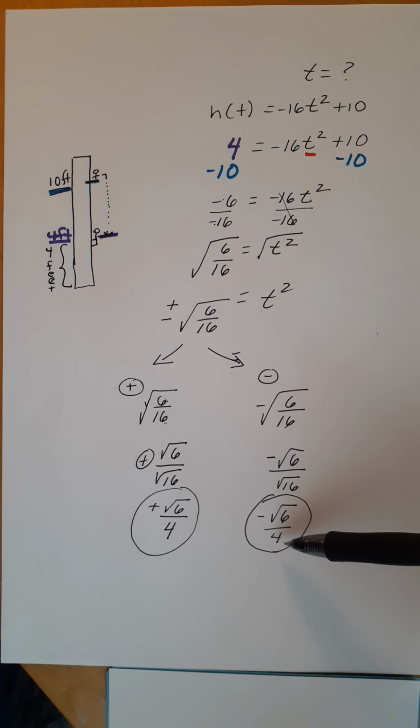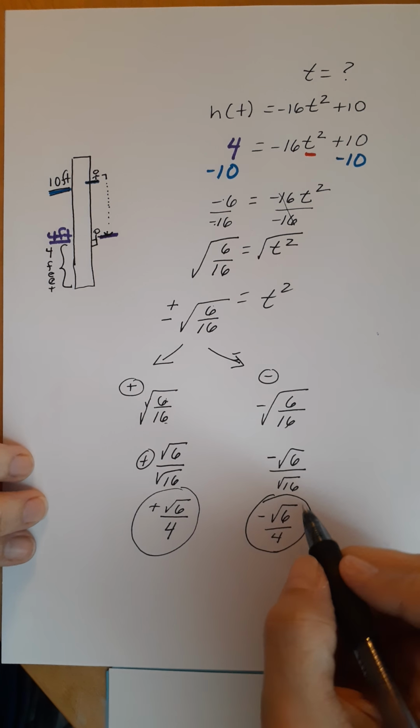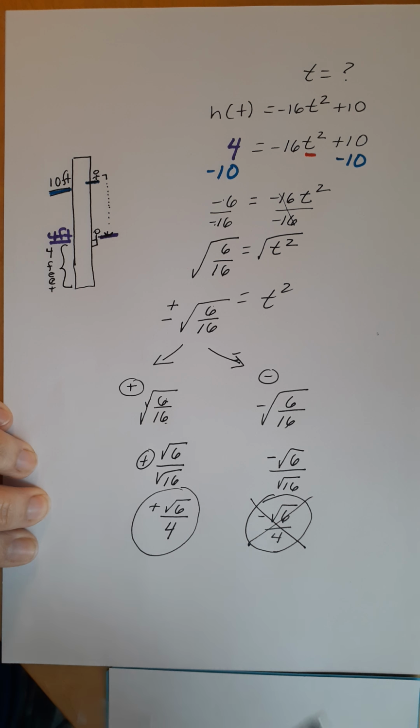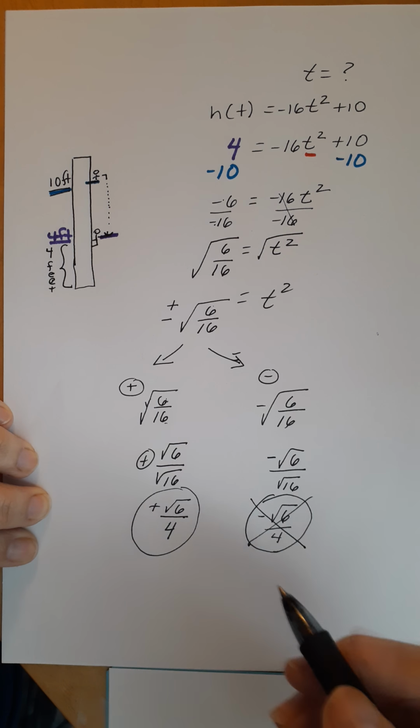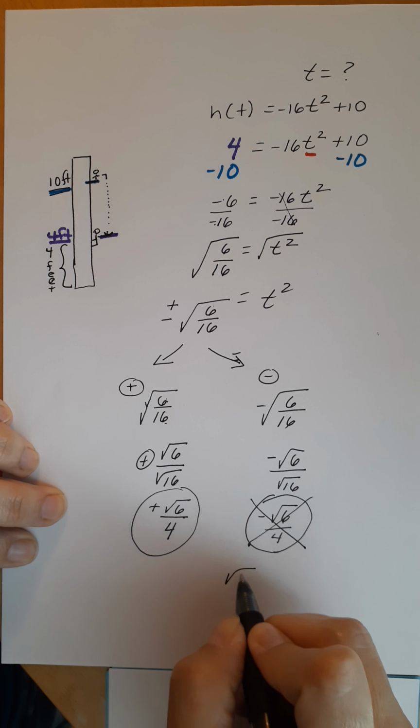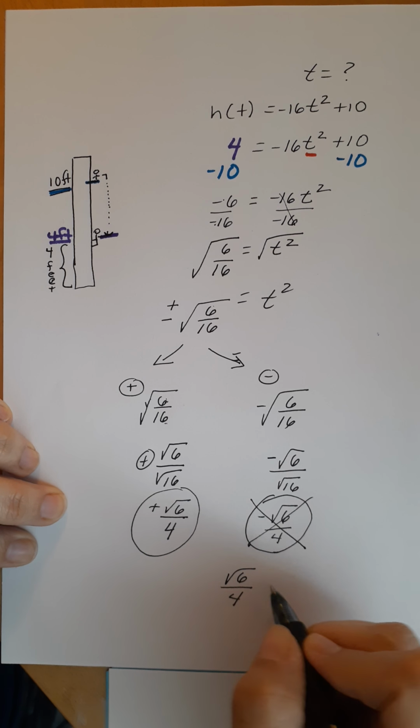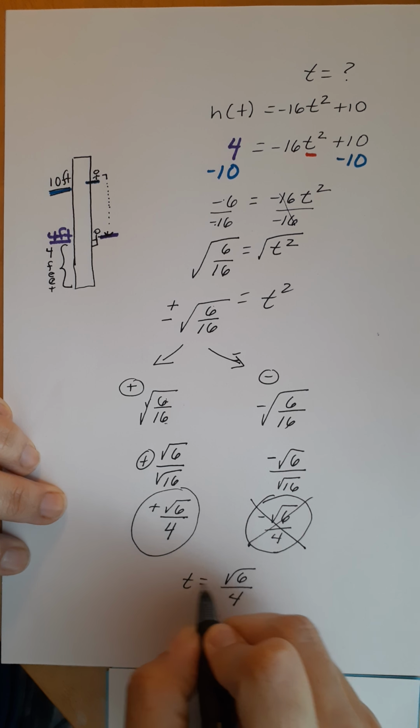One of my answers is negative. That cannot be an answer for time, again, unless you have a time machine, which we don't right now, at least none that I know of. So this one, because it doesn't make sense, is taken out. We're only going to say the one possible answer is the square root of 6 divided by 4. That is our answer for time.